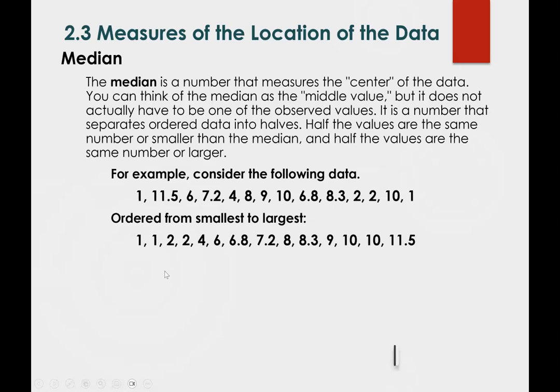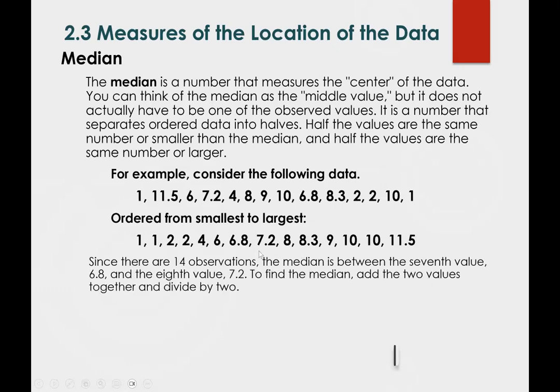And then you can just start ticking off the end. So like one way to do it is just kind of cross that 1 off, cross the 11.5 off, or just count into the middle. Like, so I have 1, 2, 3, 4, 5, 6, 7, 8, 9, 10, 11, 12, 13. I have 14 values. So I am going to have 2 middle values. So I want to identify those.